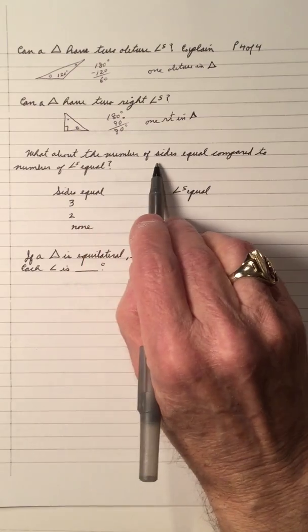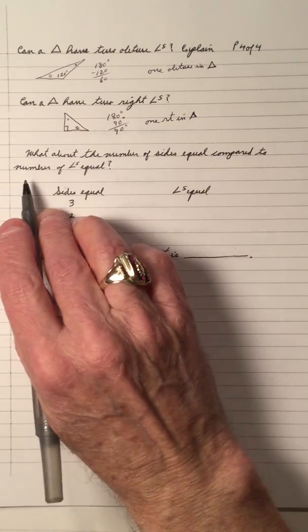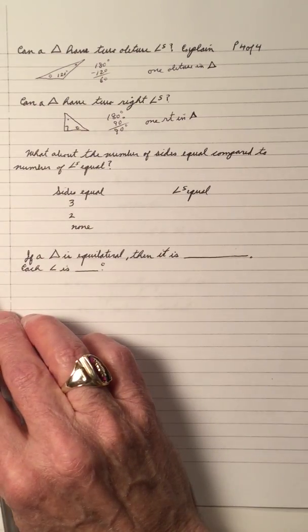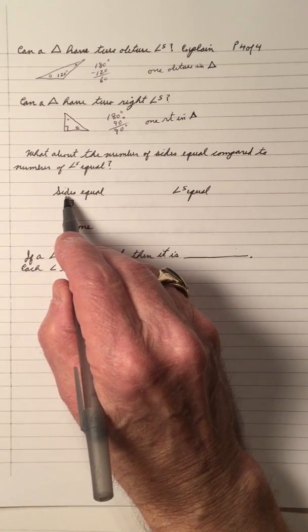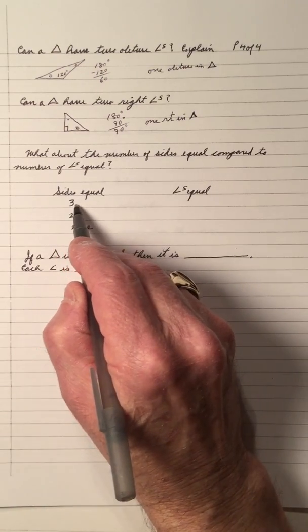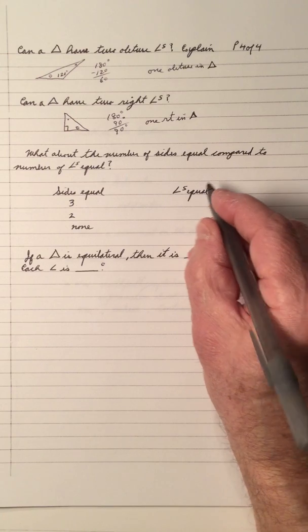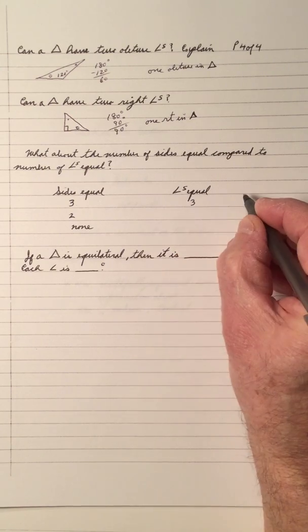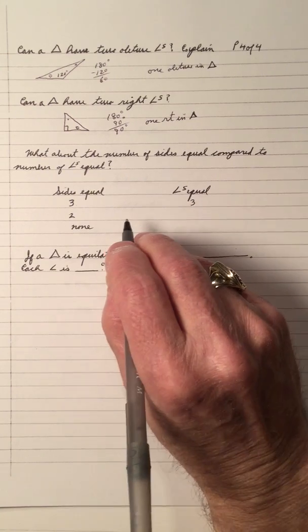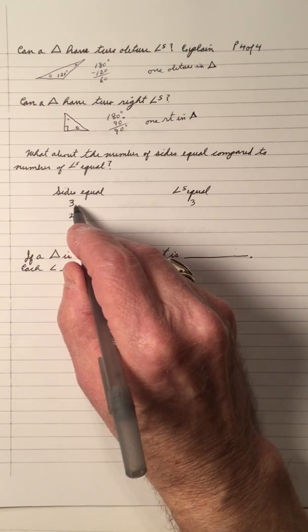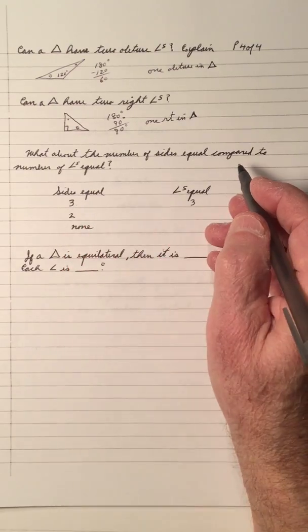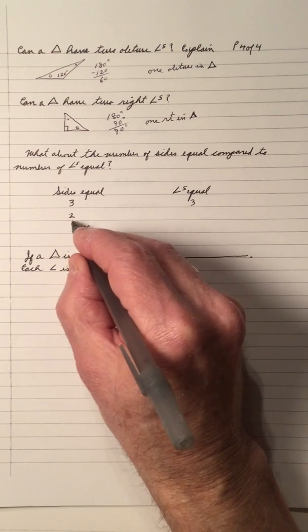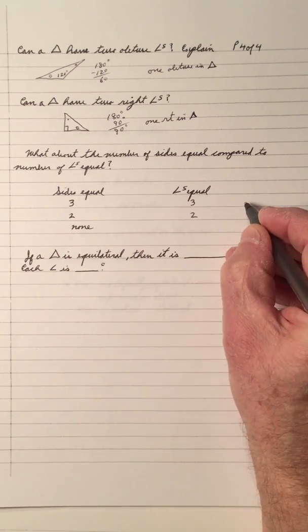What about the number of sides equal compared to the number of angles equal? Well, if you got three sides equal, how many angles do you have equal? Well, the answer is 3. 3 sides equal is equilateral. If the 3 sides are equal, the 3 angles had to be equal. If you got 2 sides equal, you have 2 angles equal.